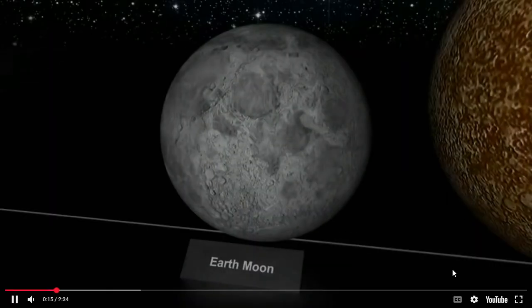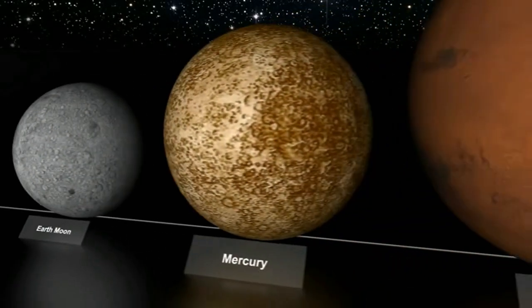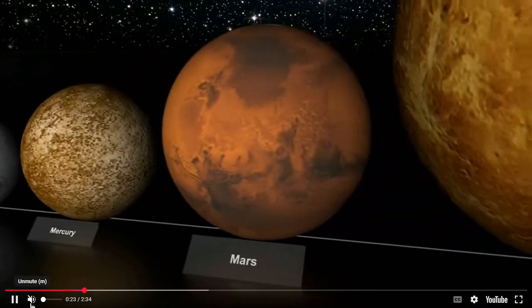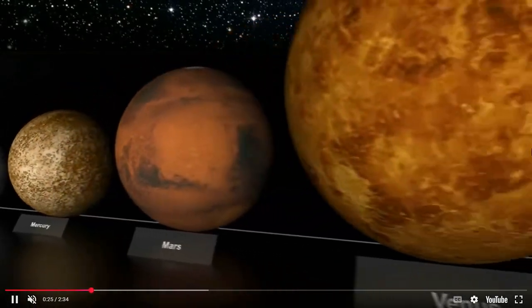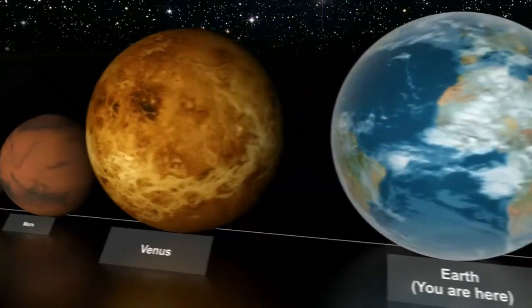And here's a nice visualization of some of the different objects that we've studied so far this semester. We started with the moon, and now we're seeing the different terrestrial planets in the solar system.